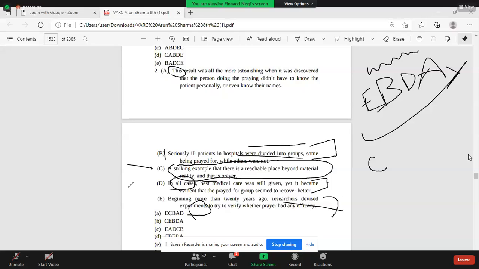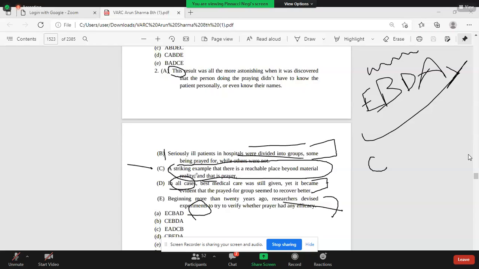And the reason why C, in spite of being an example, since examples are not usually the first sentence, but in this case, look at the wording. Even though they use the word example, it has been constructed like a general statement. A striking example that there's a reachable place beyond material reality, and that is prayer.